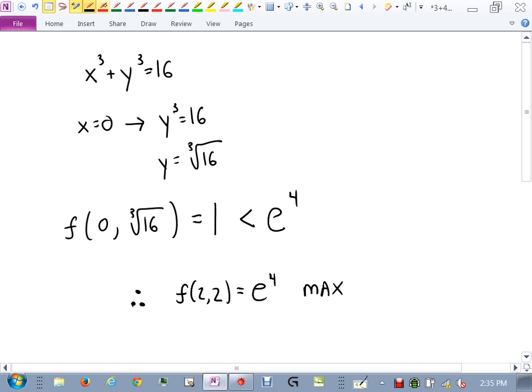Well, let me try and do it this way. There's several ways of explaining this, but 2 cubed is 8, 2 times 2 times 2. 2 to the second is 4, that's 2 times 2. 2 to the first is 2.